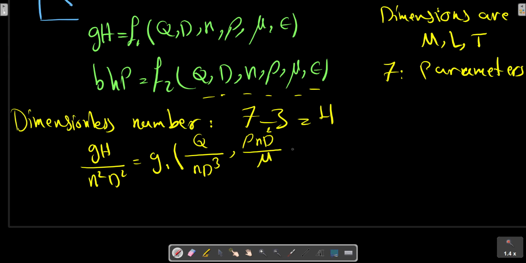epsilon on D. And the second one is the relation with the brake horsepower, BHP on rho N^3 D^5.